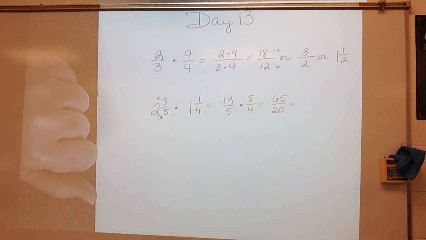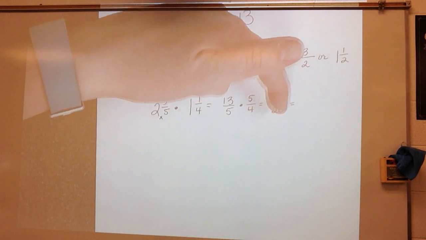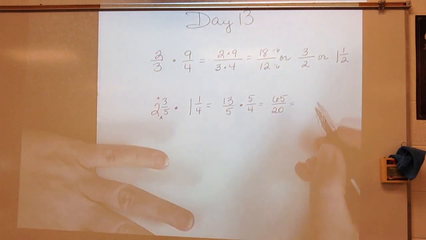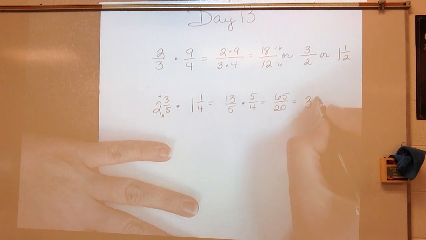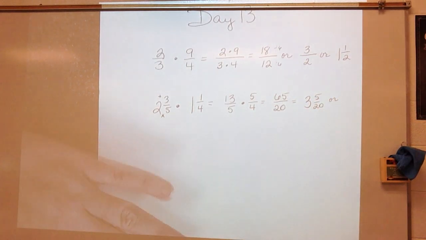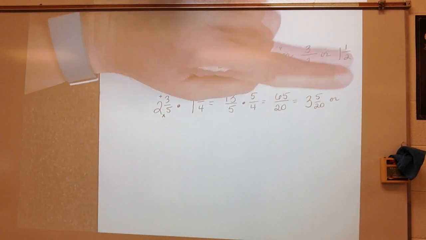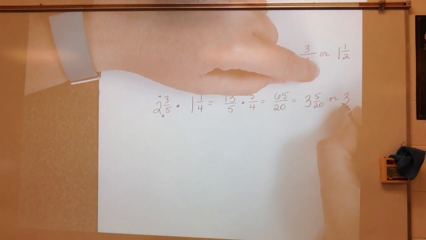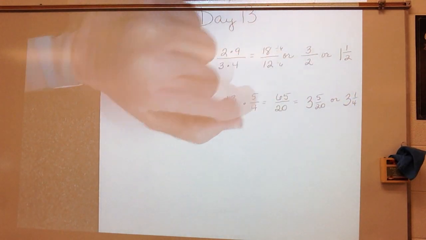I can change that. 20 goes into 65 3 times, with 5 left over. So I get 3 5/20, or divide 5/20 by 5, I get 3 1/4.